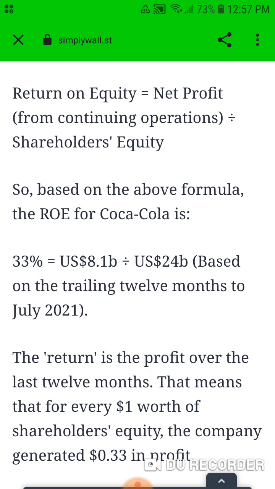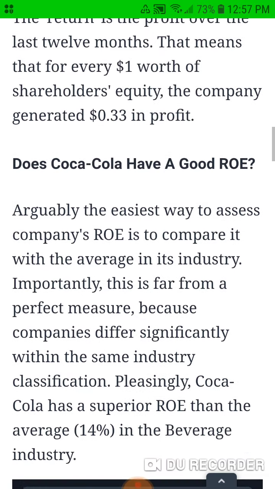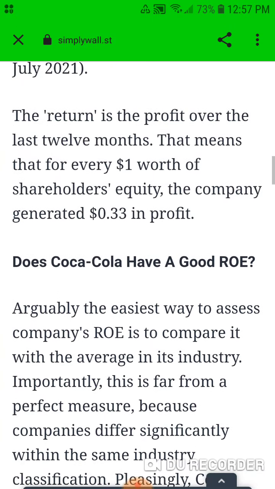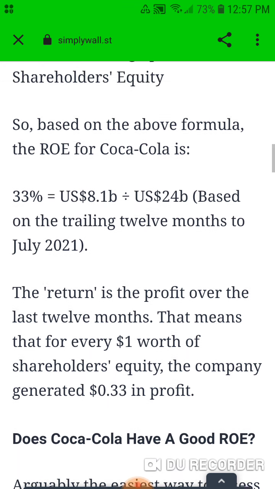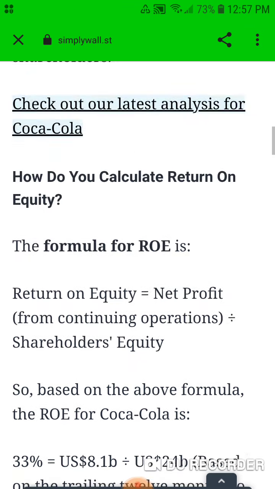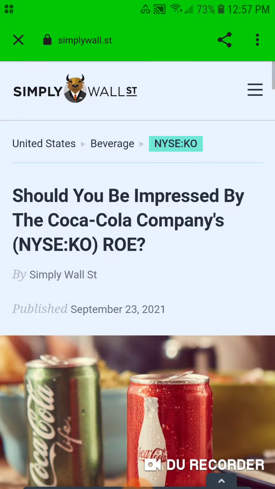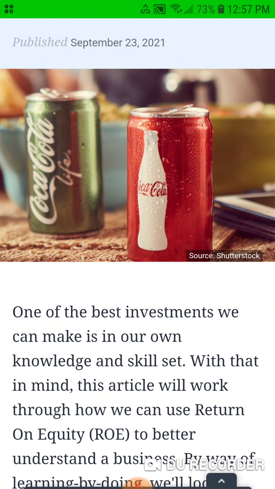But with Coca Cola, you get a 33% profit. So you could get 14 cents as the industry average, or you could get 33 cents, so double, in Coca Cola. So compared to their peers, Coca Cola is a far better investment over the industry average.